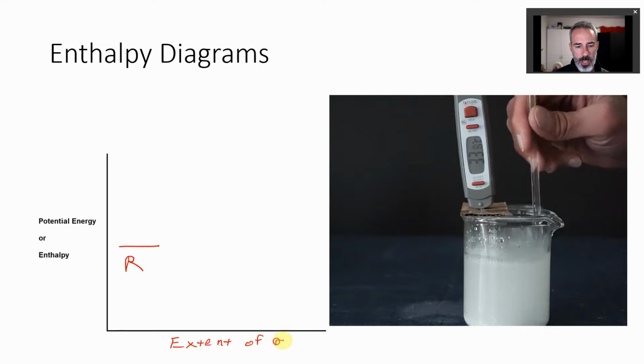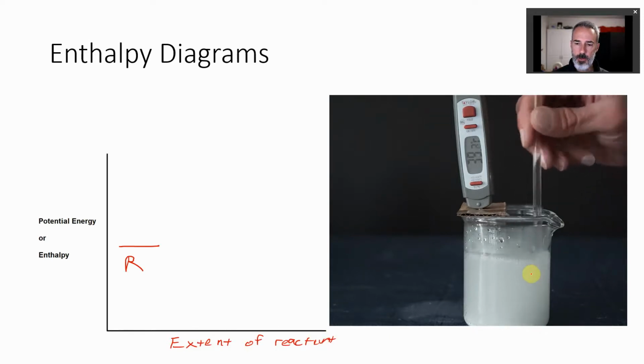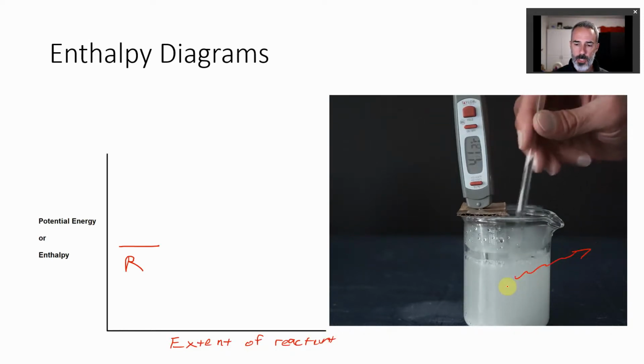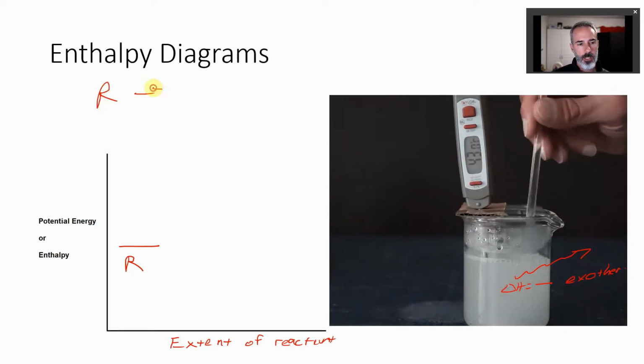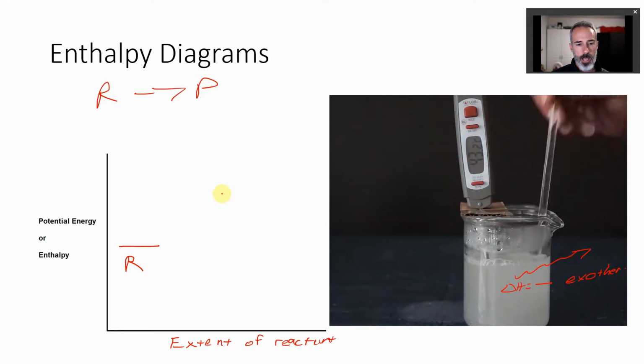So you see that this reaction is warming up. That means the heat is going either into or out of the beaker. Definitely heat is going out of the beaker, so the delta H of this reaction is negative. It's exothermic, and that means if heat is going out, and you have the reactants here, will the products be higher or lower in energy than the reactants?